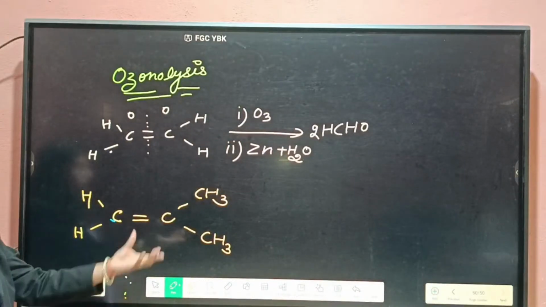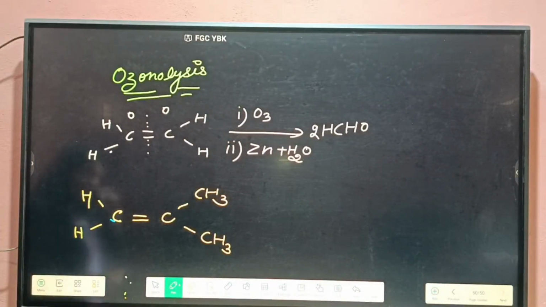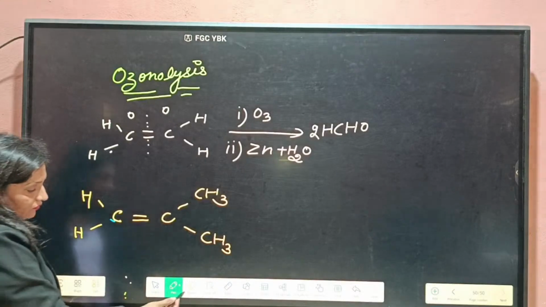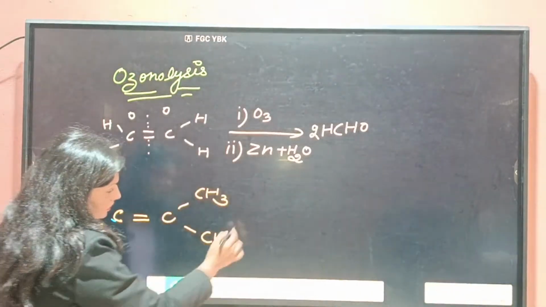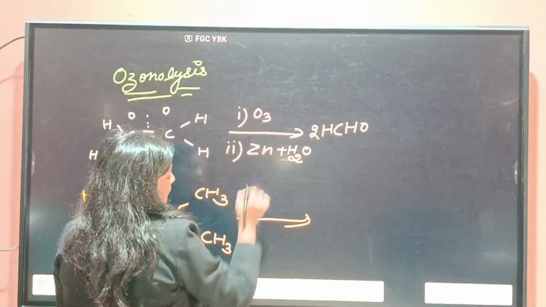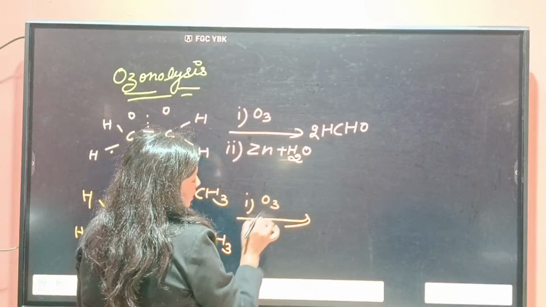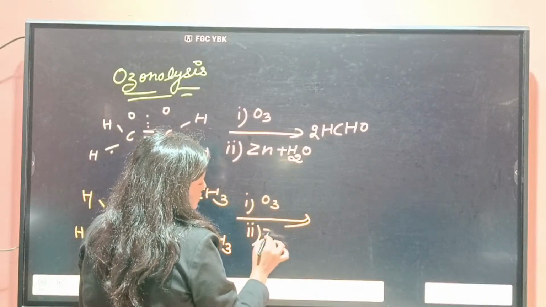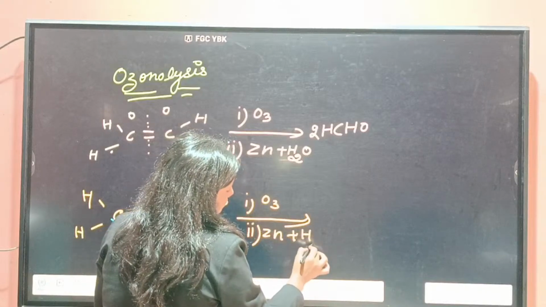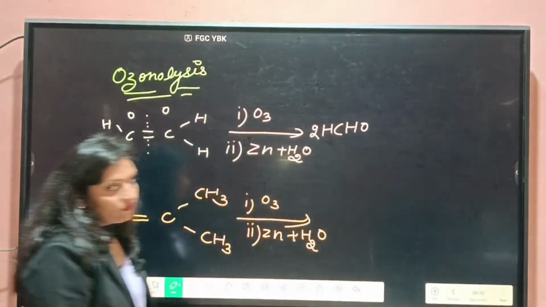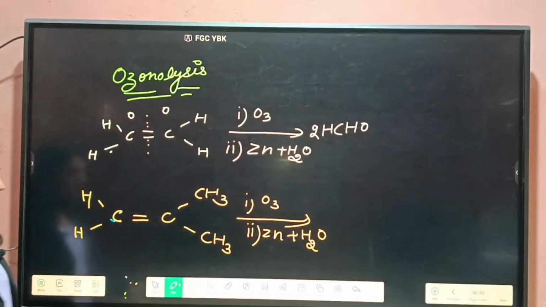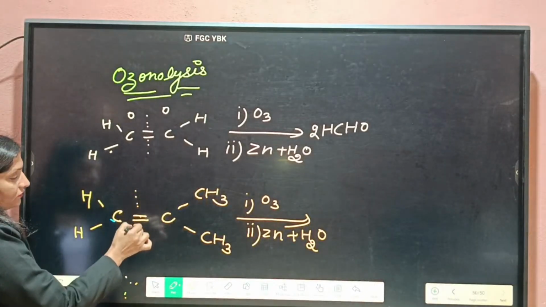I mean, this one is also alkene. Okay, in this way. Simple, if you are having reagents O3 in first step and in second step zinc plus water. Very simple to write the equation.